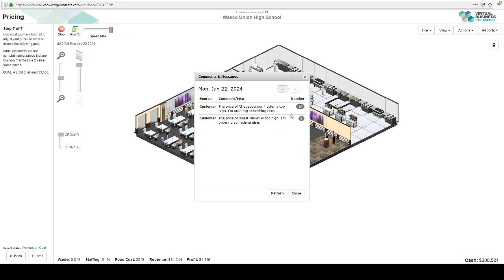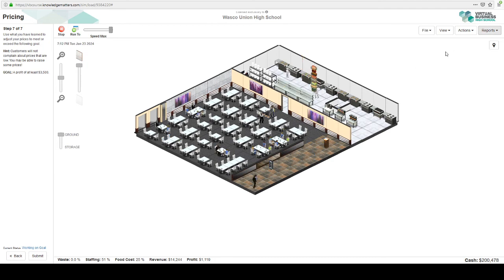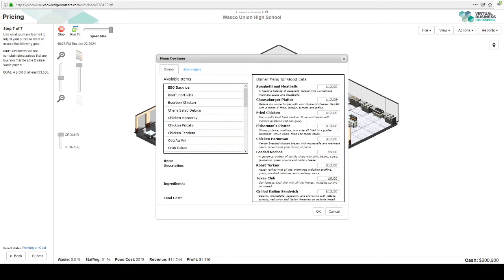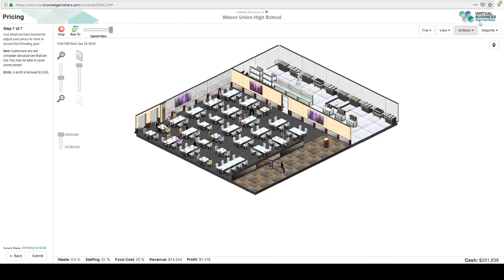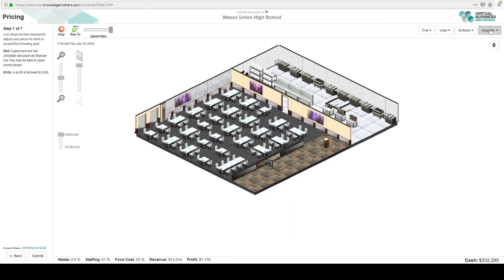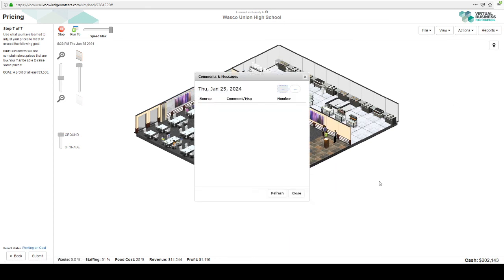Okay, so lots of people are complaining about the cheeseburger platter, so why don't I just go in and change that right now. Let's do $11.50. See if that changes anything. And remember, the price change won't reflect until the following Sunday.